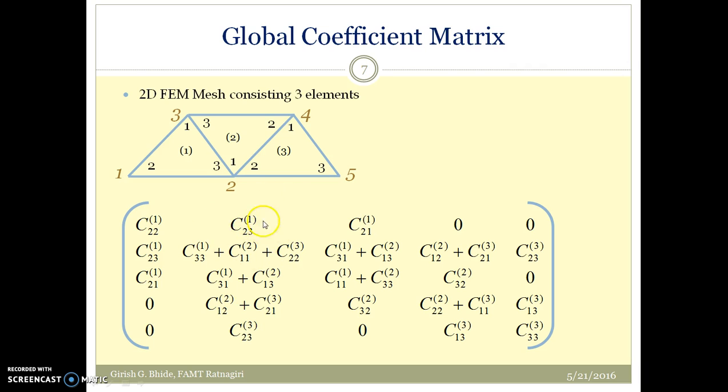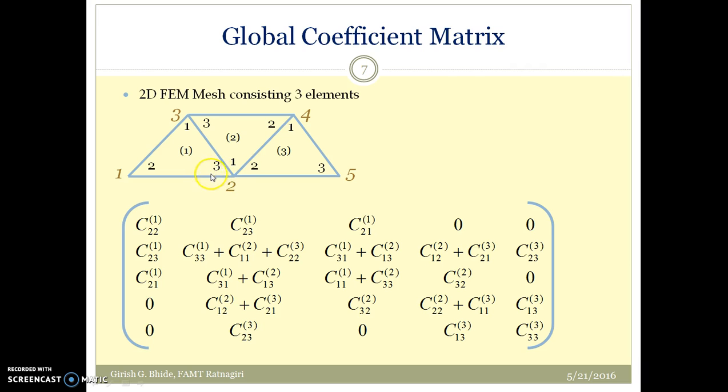Now let us understand how the global coefficient matrix terms are determined. Let us, for example, discuss this second term, that is C22 of that global coefficient matrix. It means I have to find out what is the relation of global node number 2 with itself.